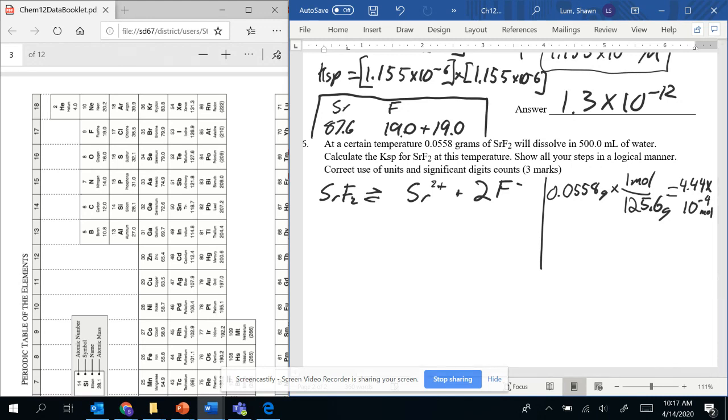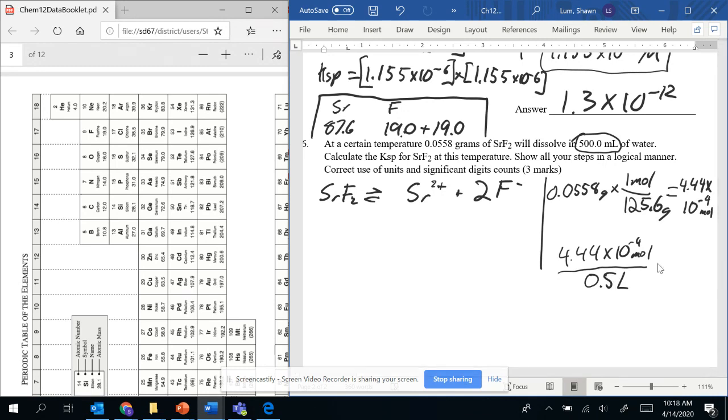Okay. Now, here we have a half liter of water, or 0.5 liters of water, which is the same as 500 mL. So in order to convert into molarity, I'm going to go 4.44 times 10 to the negative 4 moles divided by our liters of water, which is 0.5 liters.